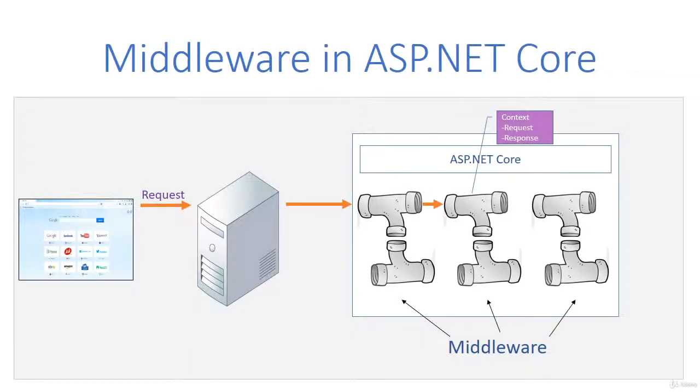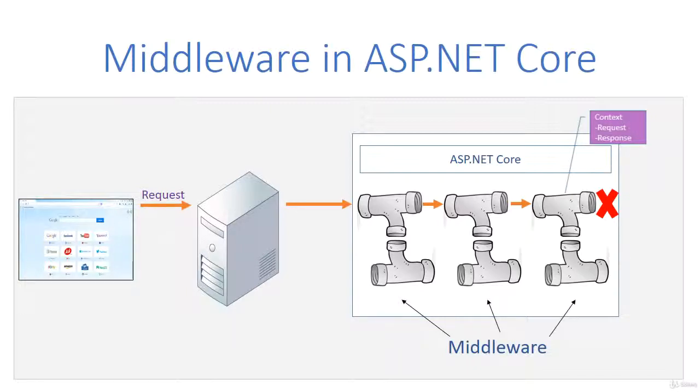This continues to the next piece of middleware, whatever it might be, until it reaches the very last pipe. It is also possible that at the end of the pipeline no response has been formed, and that will cause a 404 not found to be returned to whoever originated the request.